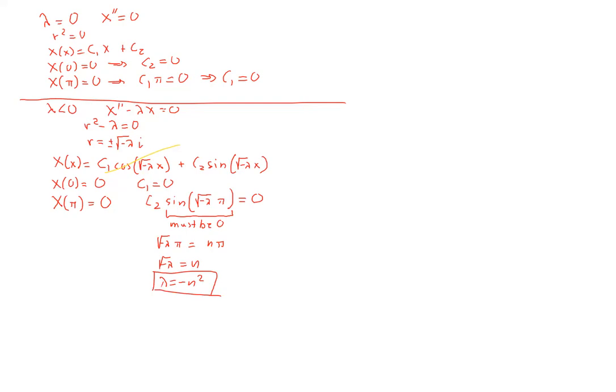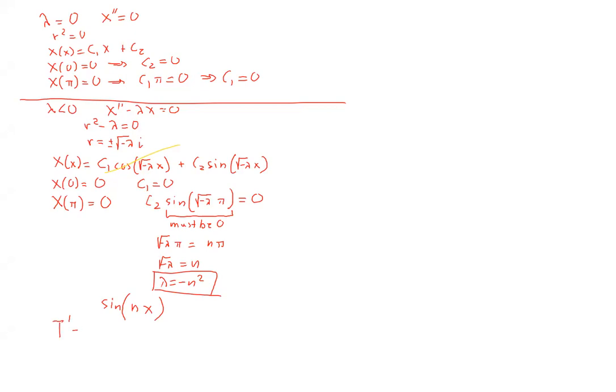And what are the eigenfunctions? The eigenfunctions are going to be sine of nx, pi and pi cancel each other. And for the second equation, so the second equation becomes what? T prime, I meant.